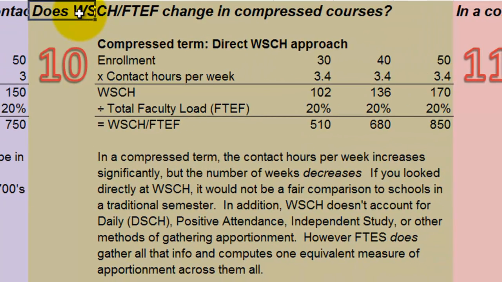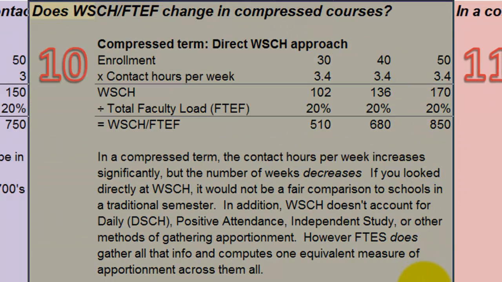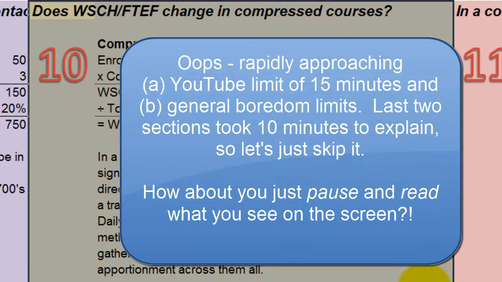Does this stuff change in compressed courses? Do the weekly student contact hours per FTEF change in compressed semesters? Well, yes, they do, in actually an incorrect way. Check this out.